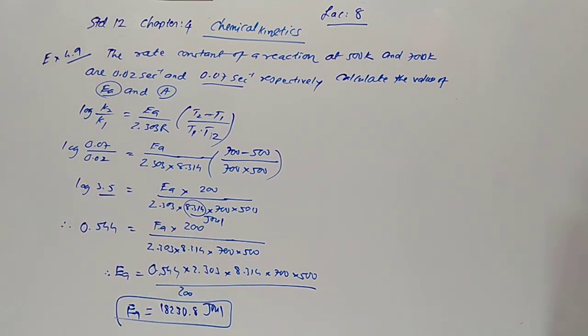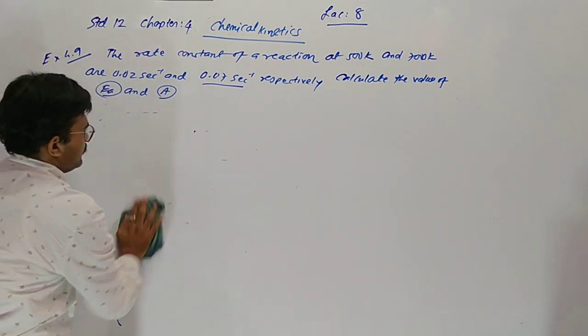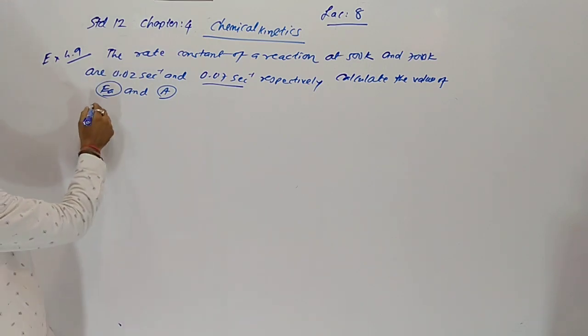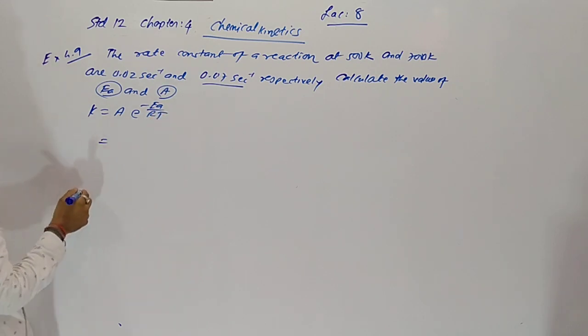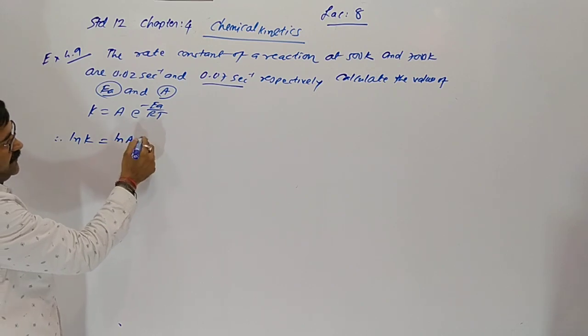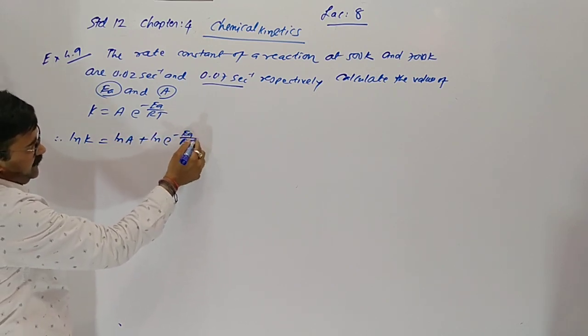Now what about A? Yes. We know k is equal to A e raised to minus Ea upon RT. When we apply natural logarithm, it becomes linear: ln k equals ln A plus ln e raised to minus Ea upon RT.